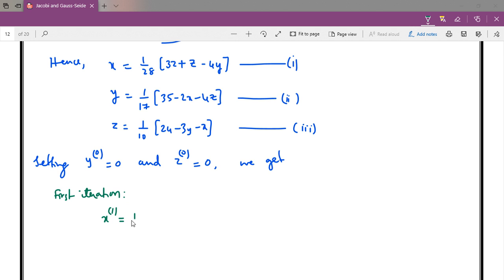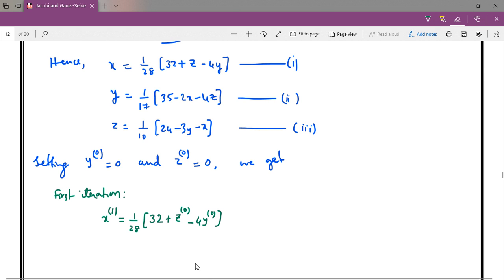So first iteration x1. So x1 is what? So 1 by 28 into 32 plus z0 minus 4y0, right?